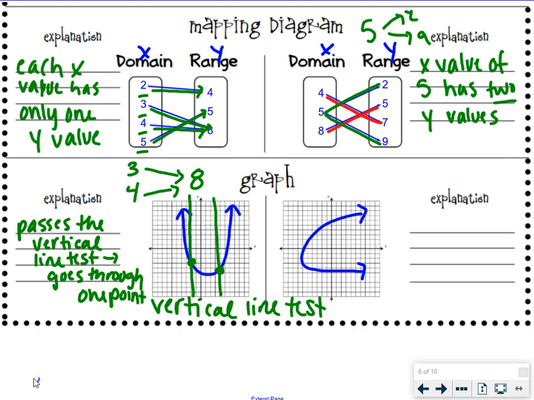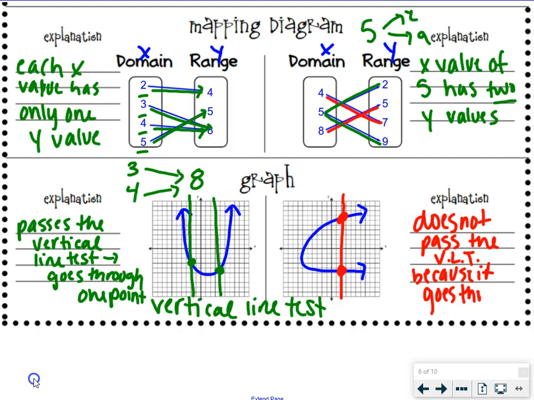Now, if we go over to our not a function, if we draw a vertical line through this function, we go through 2 points. So this means it does not pass the vertical line test. I'm going to abbreviate vertical line test as VLT because it goes through 2 points.